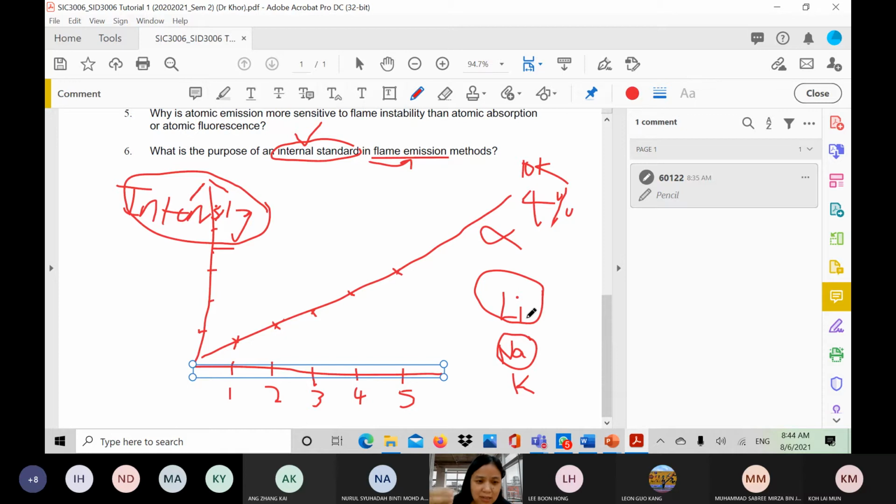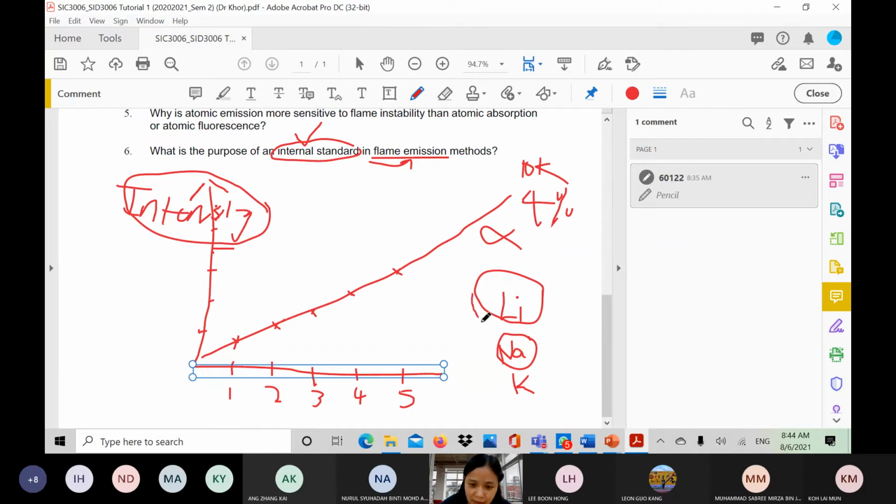So what is the relationship between the sodium and the internal standard? The intensity ratio should be a constant. How to make this intensity ratio a constant?